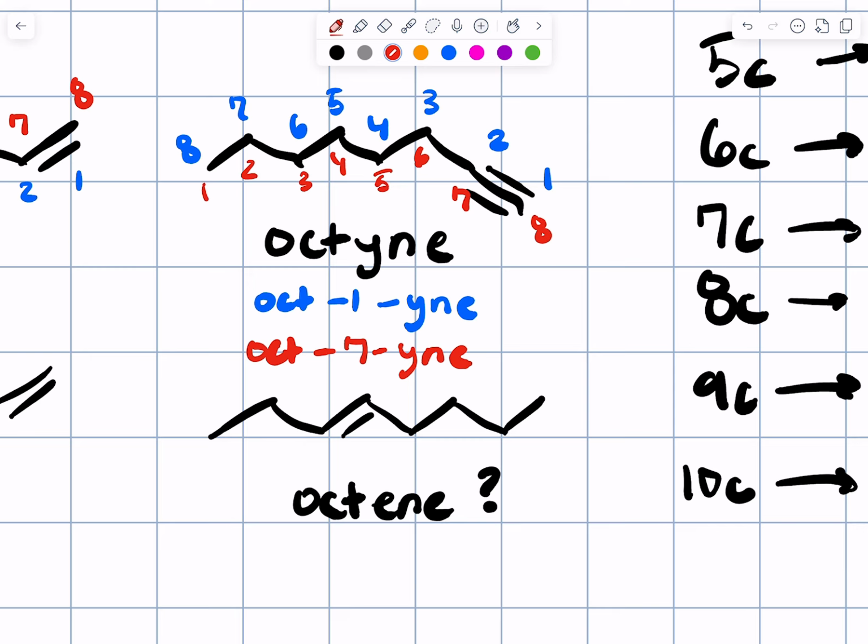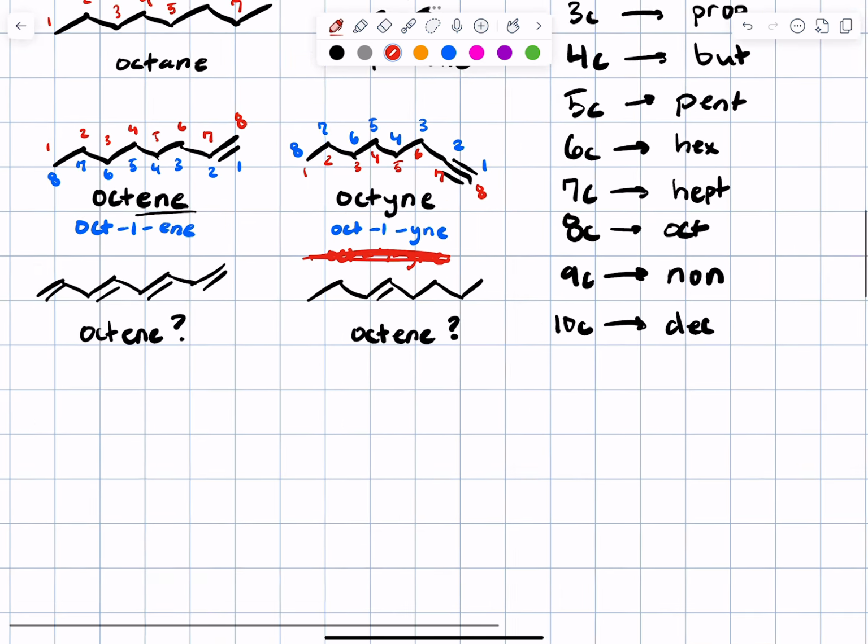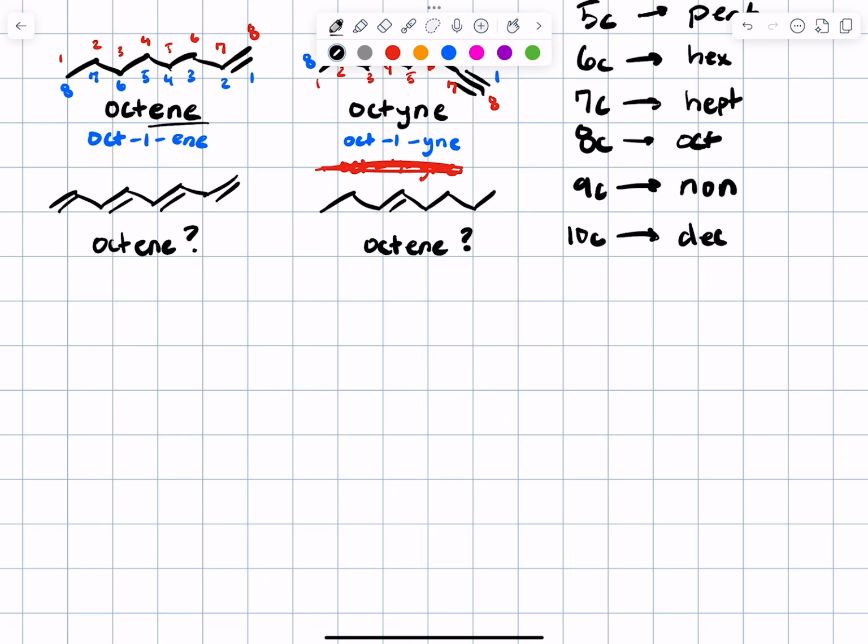Just a quick question for you. I've also seen it in the book where it was just one octene. Does that also work, or does it have to be in this form? Good question. So actually let me cross that out to say it doesn't work. So the question is, is it okay to say oct-1-ene?